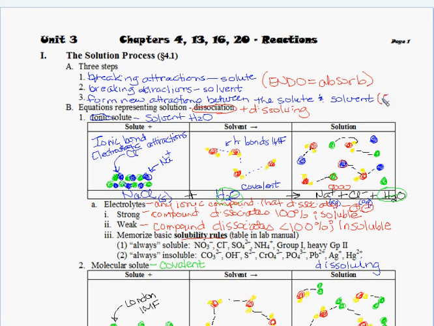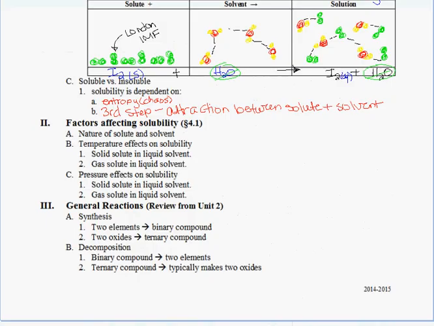Forming then would be the opposite, which is exothermic, and that requires that you release some sort of energy. And so again, when we're looking at solubility and whether or not it can be soluble and dissolve or insoluble in a weak electrolyte, it's going to be this third step, that exothermic process, that's going to make the biggest difference.